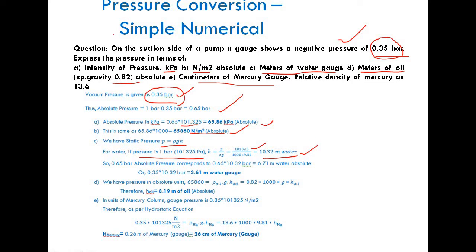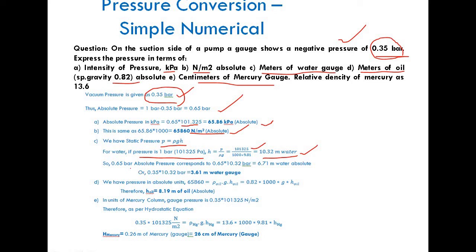So you should know 1 bar pressure means 10.32 meters of water. So what does it mean physically? 1 bar pressure is the pressure exerted by 10 meters of water, or 10.3 meters of water, at its bottom surface. So if we have a 10 meter water column, the pressure at the bottom of the 10 meter water column corresponds to 1 bar.